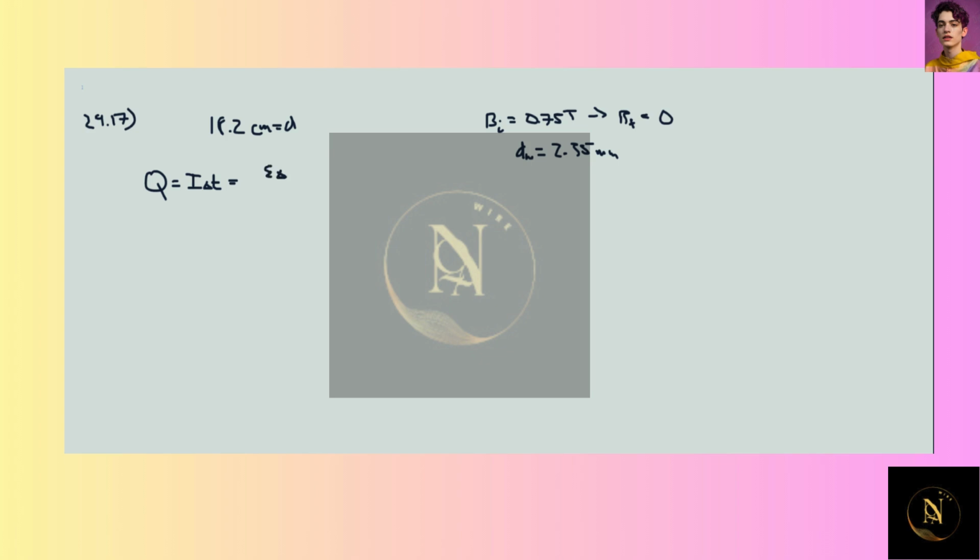So this is EMF delta t over the resistance. Now we can write the resistance by equation 25.3, such that we have EMF delta t times the cross-sectional area of the wire over rho L.